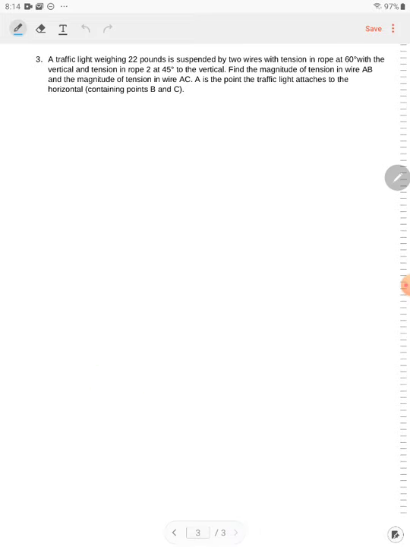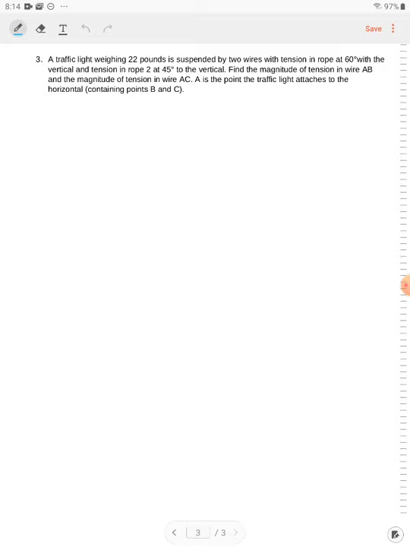A traffic light weighing 22 pounds is suspended by two wires, with the tension in rope 1 at 60 degrees with the vertical and the tension in rope 2 at 45 degrees to the vertical. Find the magnitude of tension in wire AB and the magnitude of tension in wire AC.